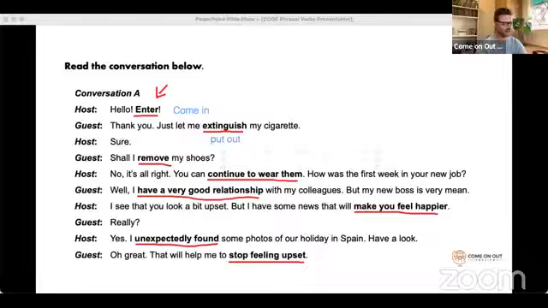let me give you a little clue. I'm going to give you the preposition and you see if you can give me the verb, the doshi. So the preposition is off. What verb, what doshi can we use with off that has the same meaning as remove?